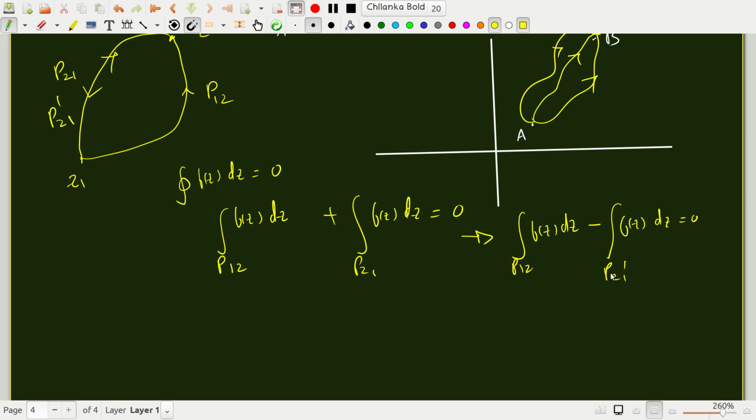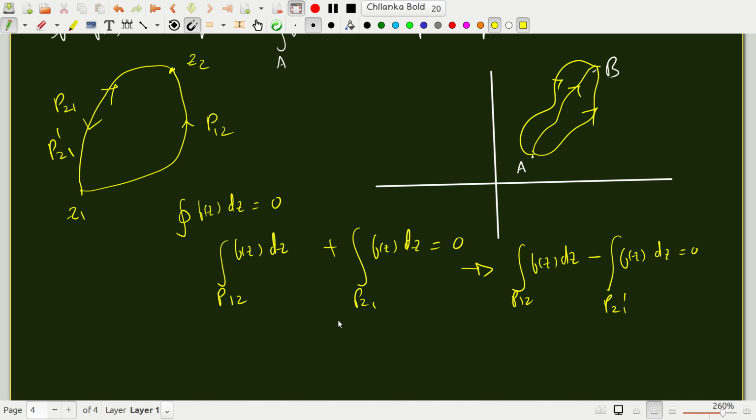For the sake of clarity, let's call this p12 prime because you're going from 1 to 2, right? p21 is from 2 to 1. p12 prime is basically the opposite path, but going from 1 to 2.